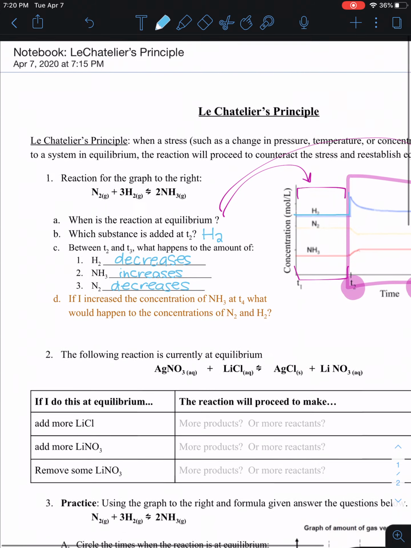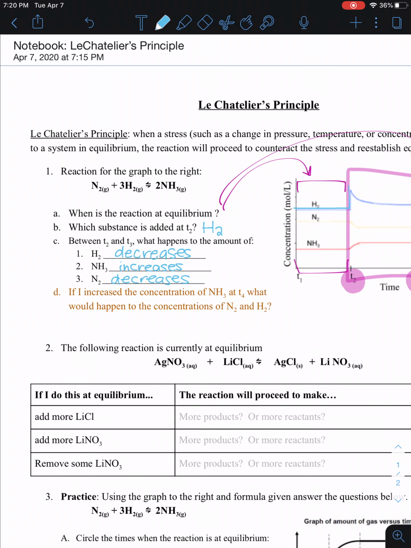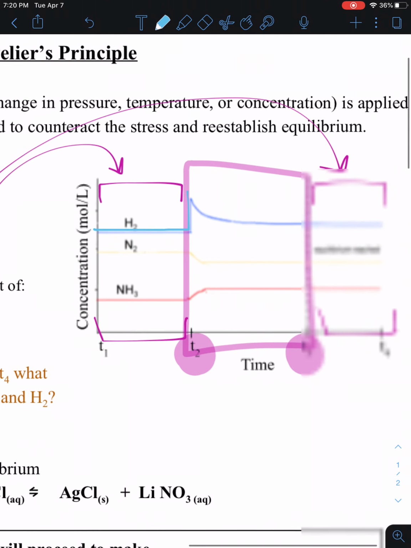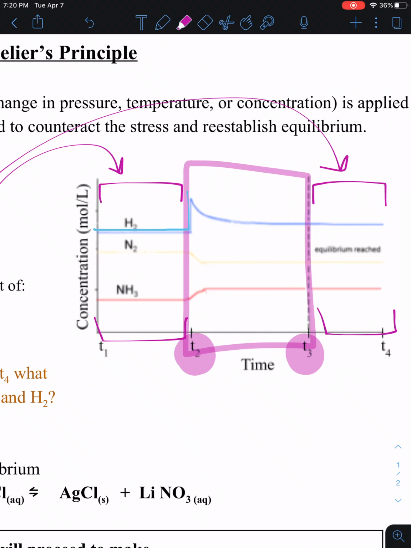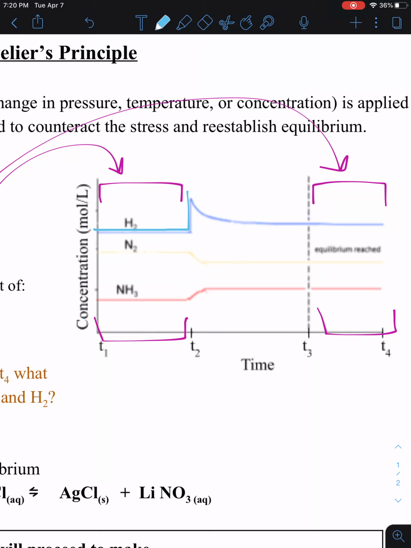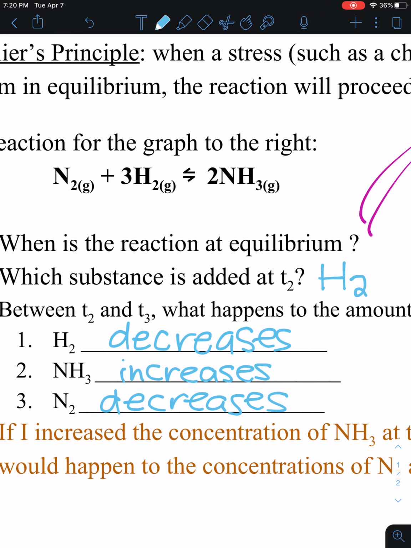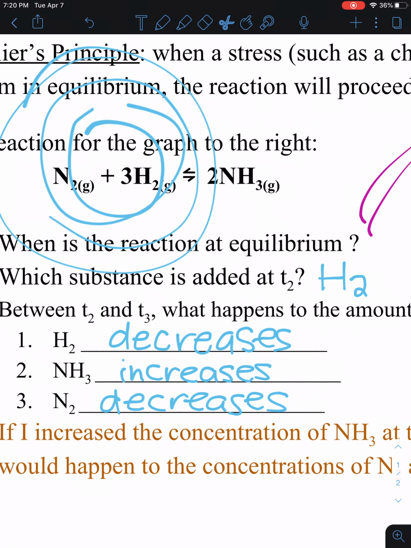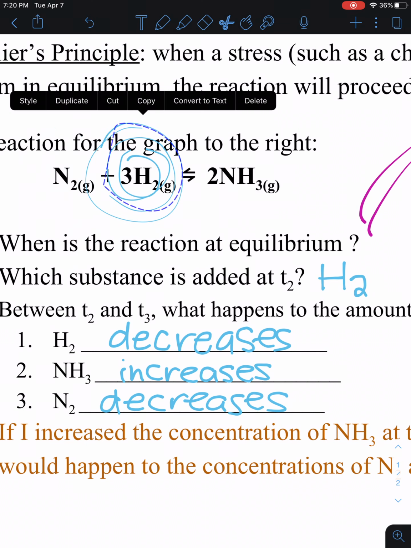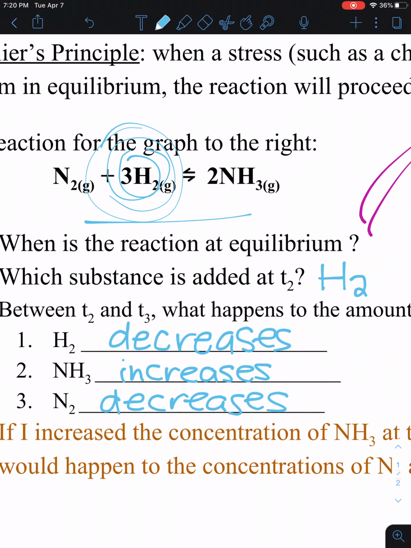Now, back to what I said at the beginning: if we see there's a big spike in hydrogen, this blue line here, it's as if I add a bunch of reactants and say okay, go. I'm stressing the left side, adding more and more, and once I say go, the reaction is going to proceed to make more product.